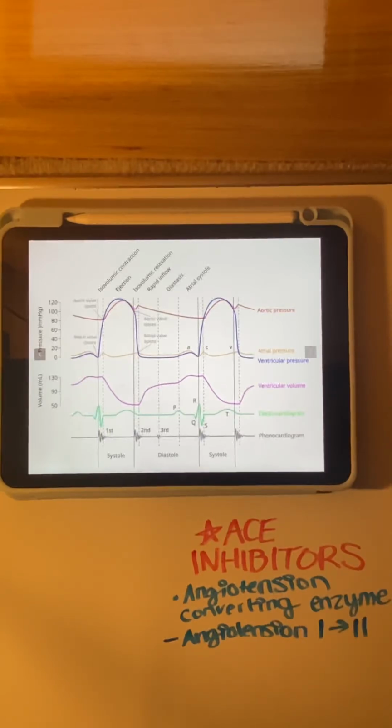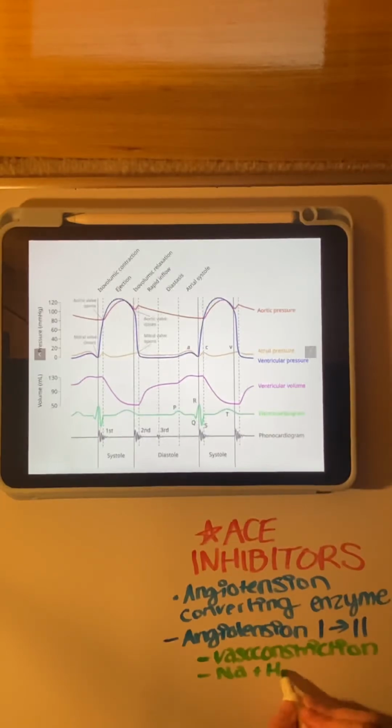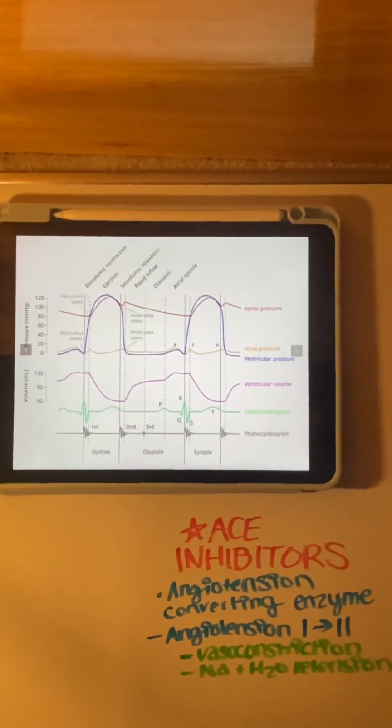And angiotensin 2, what it does in the body is it causes vasoconstriction, and it also causes sodium and water retention. So this is good.